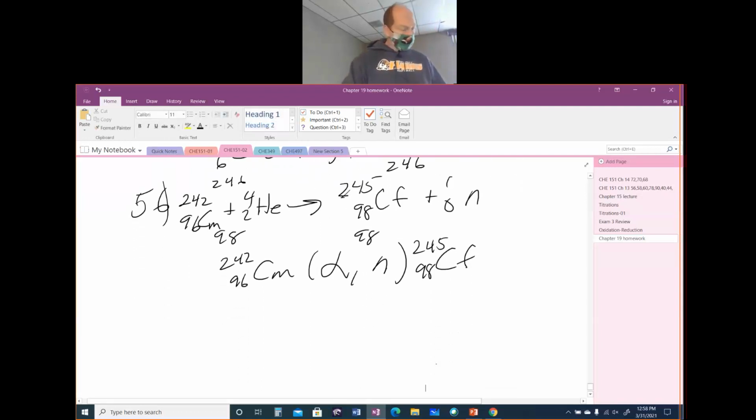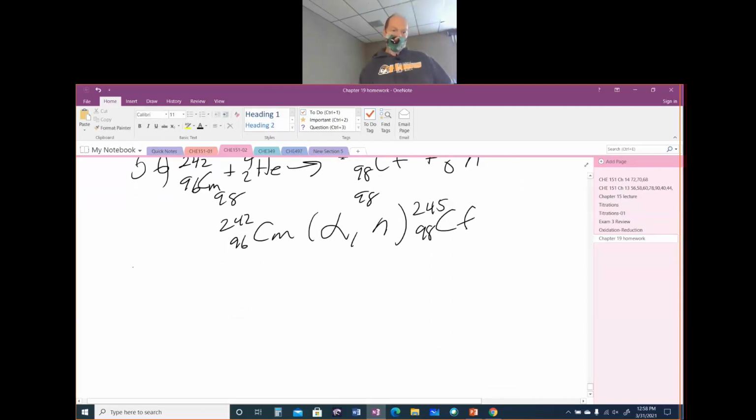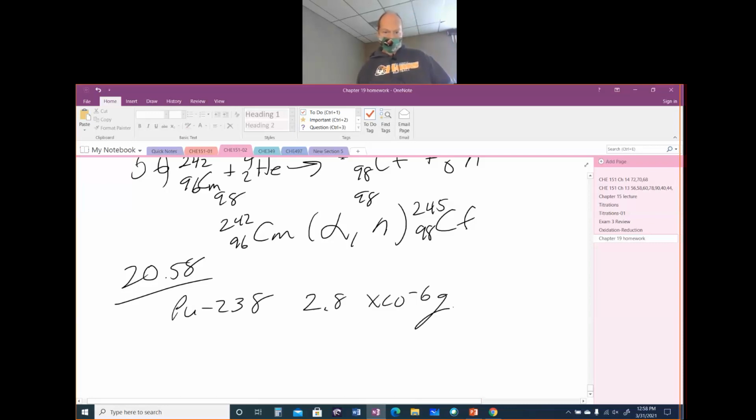All right, 20.58. The first isotope, plutonium-238, is used for batteries. We have a sample of plutonium-238 weighing 2.8 times 10 to the minus 6 grams, or 2.8 micrograms.